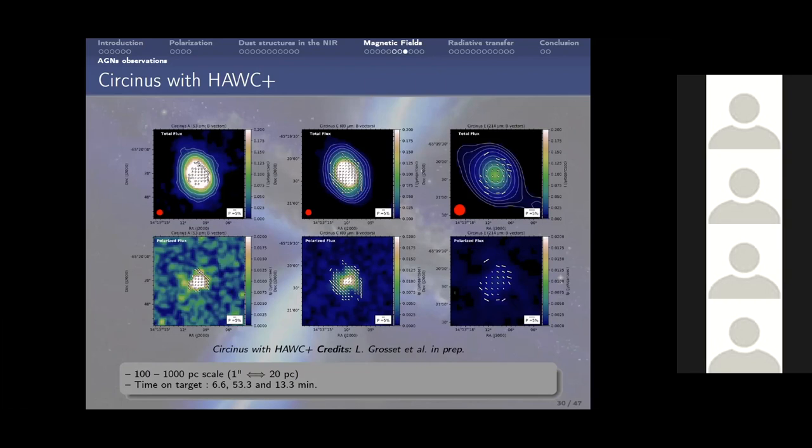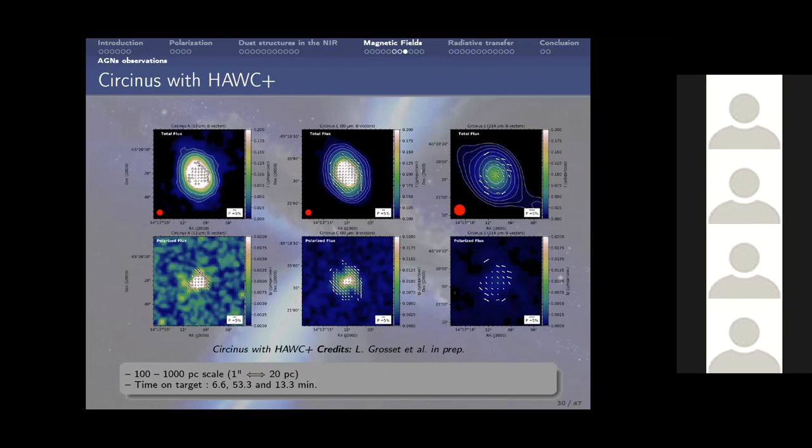So the left part at 53 microns, central part at 89 microns, and the right part at 214 microns. You can see a quite different evolution of, first, the intensity, so the total flux, which is shown on the upper part, then the polarization flux, which is on the bottom part, and the polarization vectors, which are also changing.